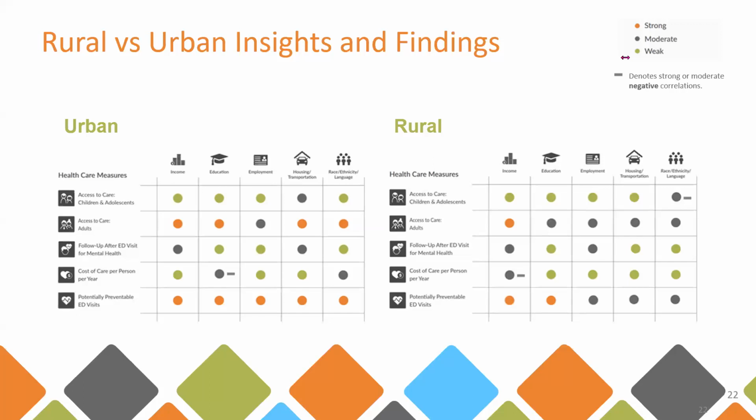So you can see that relationship especially well in the access to care in adults measure and the potentially preventable ED visits measure, which is the second row and the last row. You can see in rural census tracts, these relationships are more moderate, but in urban census tracts, they're strong. Next slide, please.